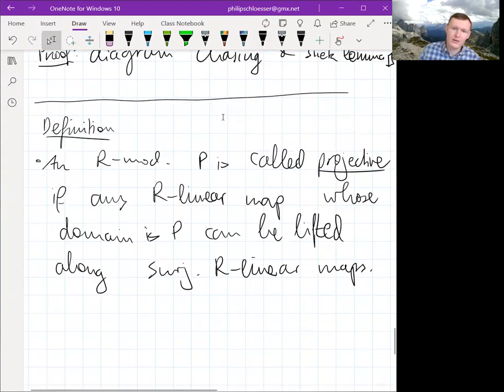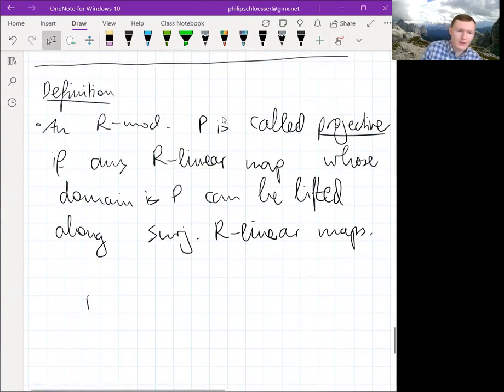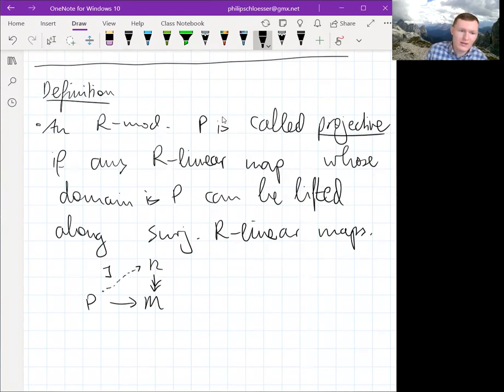In diagram, we have any kind of R-linear map from P into another module M, and we have a surjective map from N to M, and this property of projectivity means that there exists a lift. Not a unique one, but just any one.